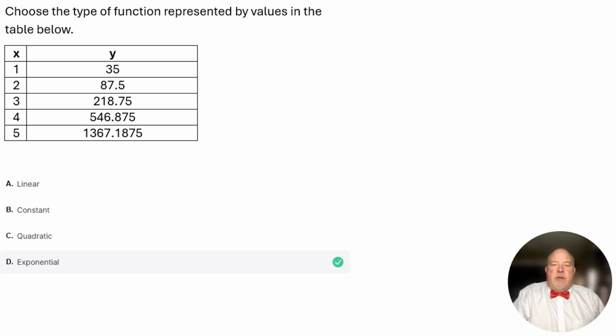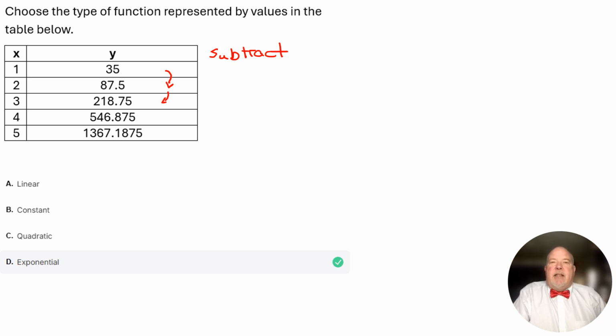So what we're going to do is see how much this changes by. And first, for linear, what we're going to do is subtract the values to find that change. So we're going to subtract. And when we subtract these, sorry, I have a little cheat sheet with the values here.